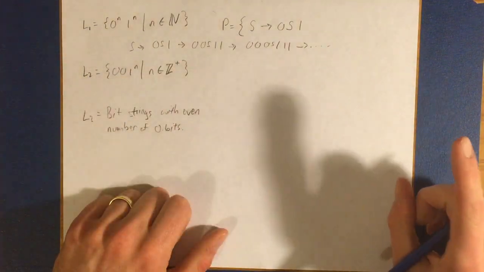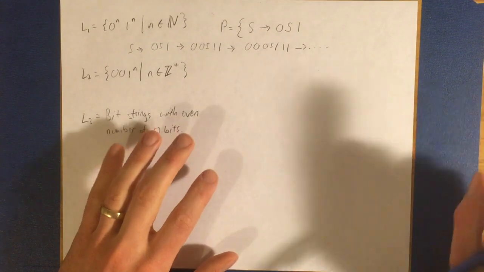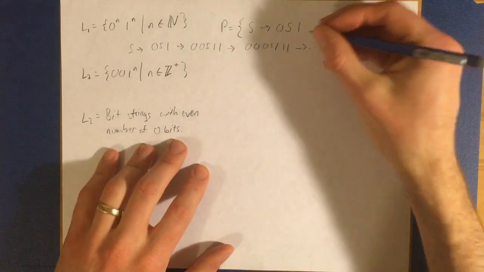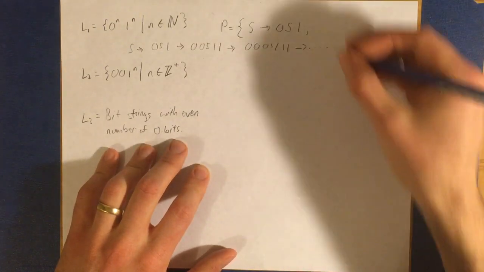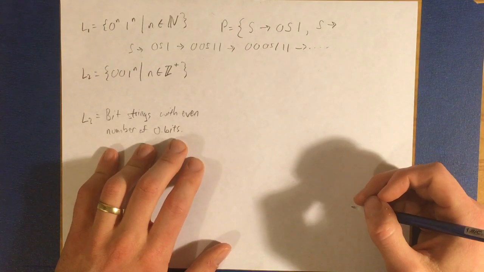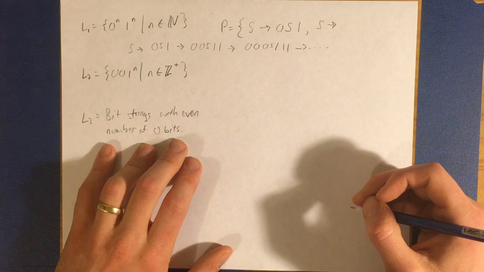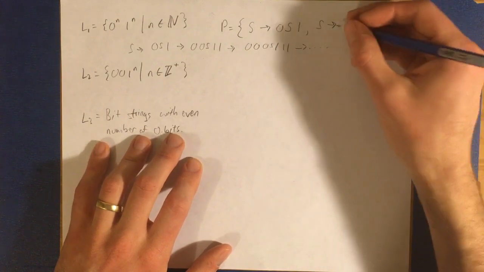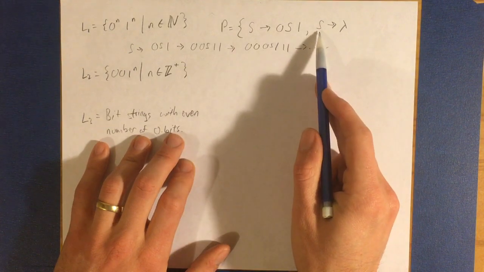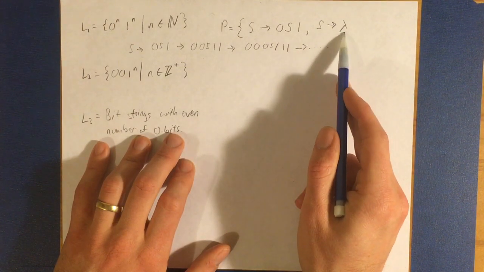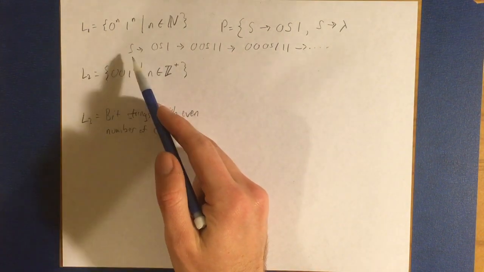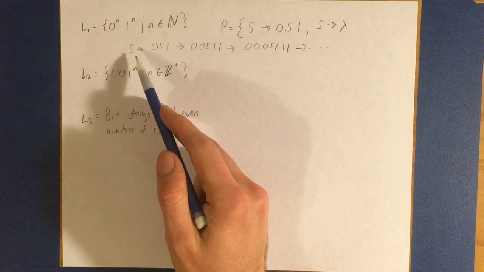But I need some way to stop the process and result in a string which contains only terminal symbols, the zeros and the ones. The way to do that is to replace your S with, well, it depends. Do we want to allow lambda in our language? If I have the production S replaced by lambda, it's possible to apply that production right away, and then lambda would be a valid word in the language.